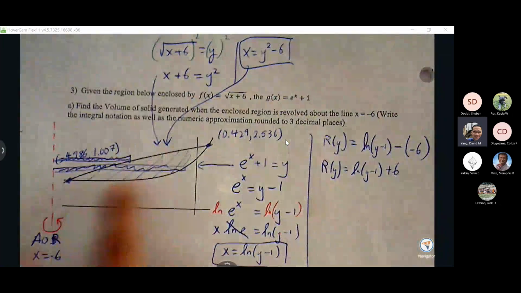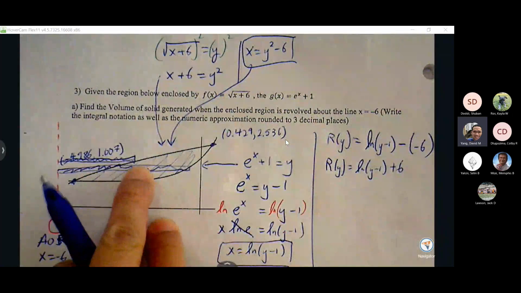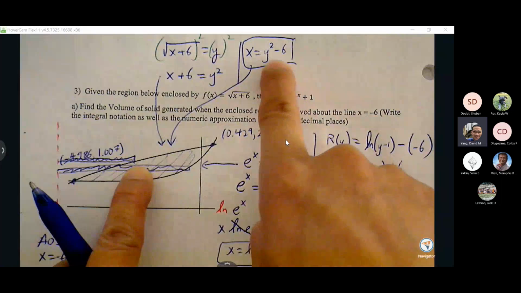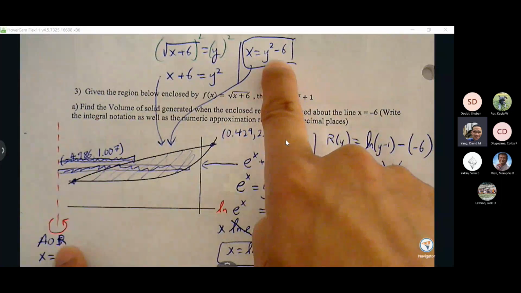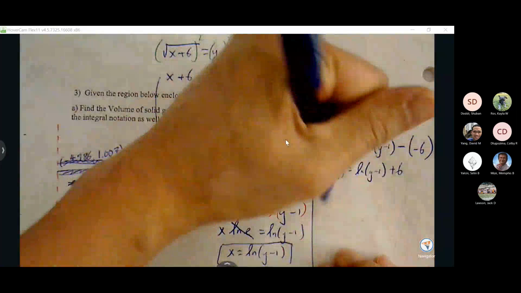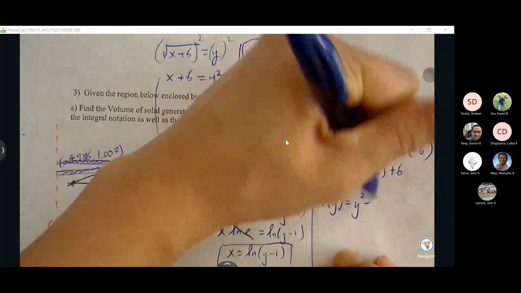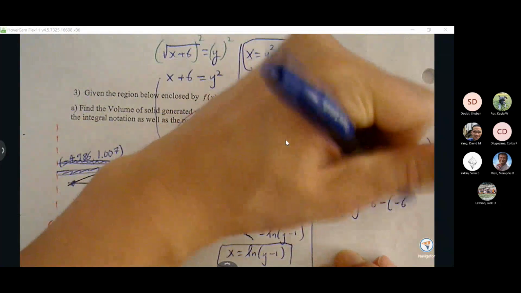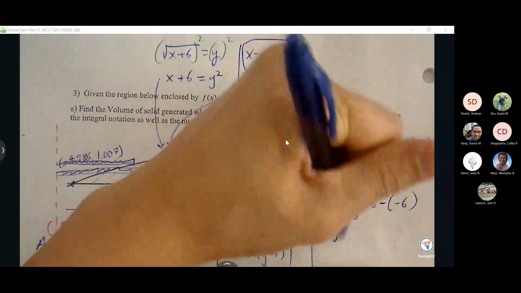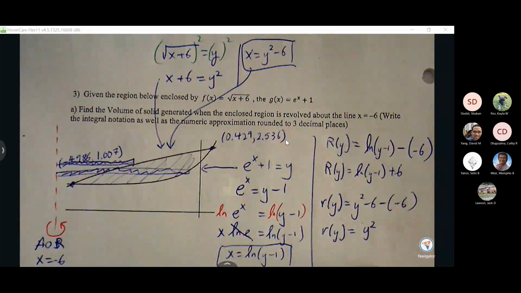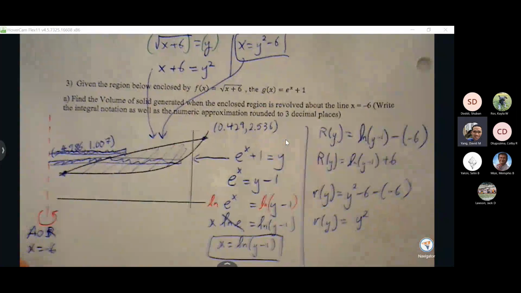Moving on to little radius, the right endpoint of little radius is sitting on the radical, which if I rewrite it is y squared minus 6. The left endpoint is sitting at -6 as well, so little r simplifies to just y squared.